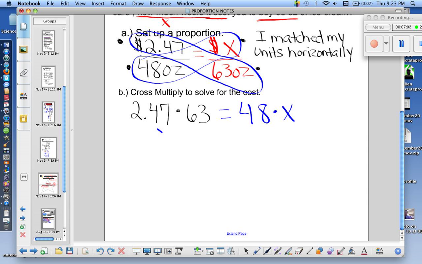So $2.47 times 63 is 155.61 using my calculator. And 48 times x is 48x. We're just putting that 48 and x together. So we cross multiplied, but now we still need to solve for x.